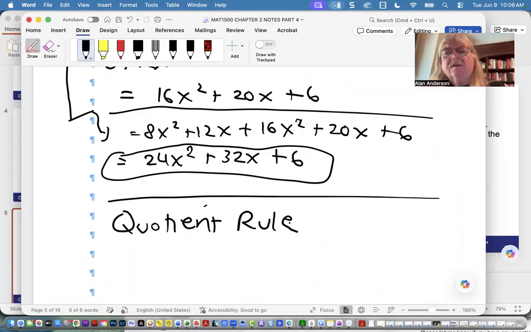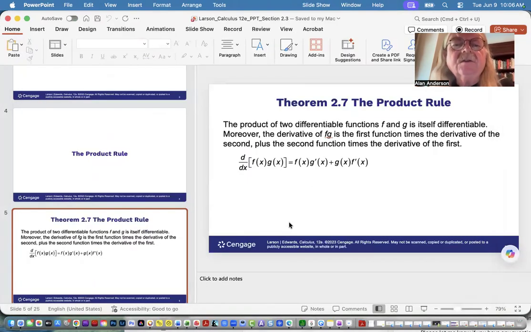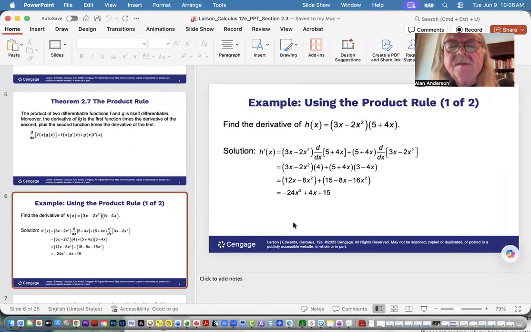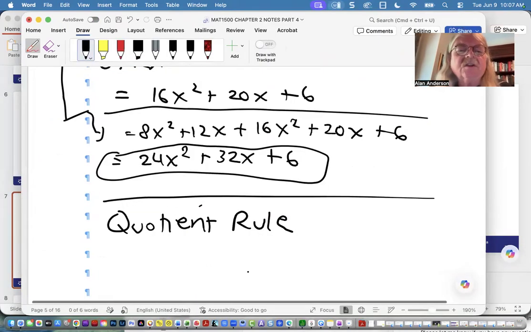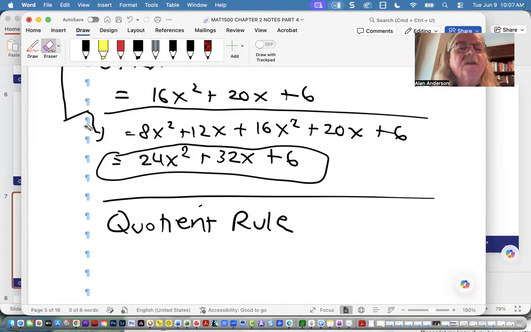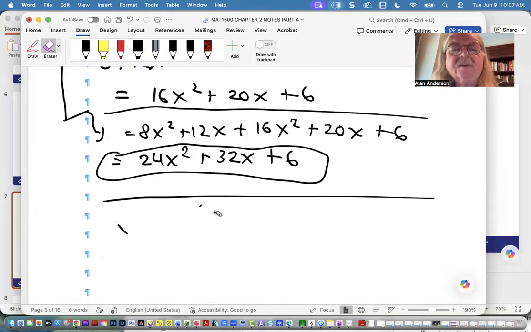And it's a little bit messier, but it's awfully, awfully important. See, they did one very similar to ours, didn't they? Yes, they did. Oh, you know what? Before we do the quotient rule, let's try this one just to get some practice with the trig functions.